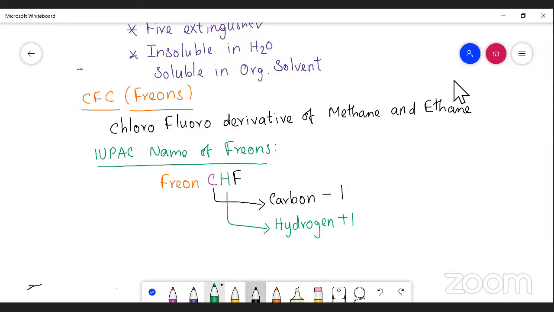And F is fluorine, number of fluorine. That's it. So we will name the freons.